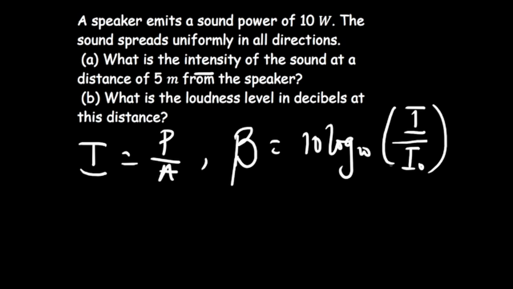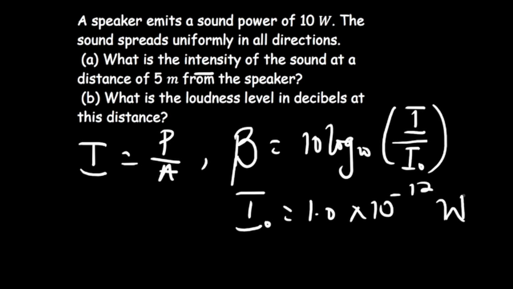This I naught is called the threshold of human hearing, and it is a constant. The value is 1.0 times 10 to the power of negative 12 watts per meter square. It's a constant value, just like acceleration due to gravity is a constant value.